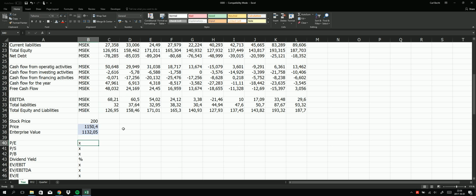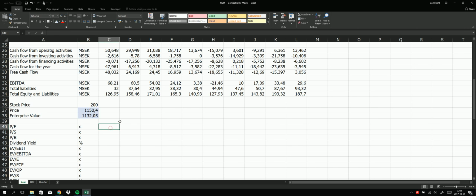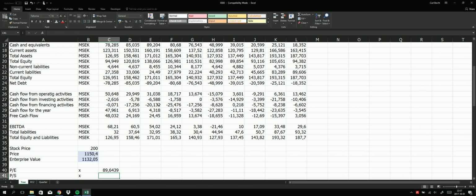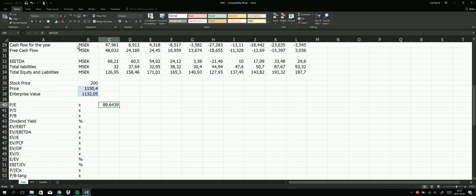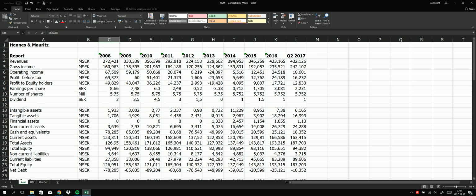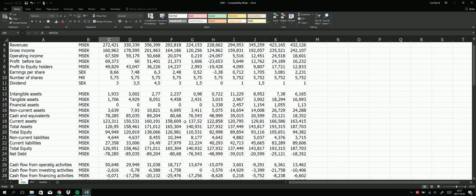So what do you want to do here? We can just do it here. How do you calculate the price to earnings? Well, it's simple. You take the price, then you find the latest profit. This is on the latest 4 quarters, so it's applicable. So you do profit to equity holders like that. Perfect. This is not correct, so something is definitely wrong.